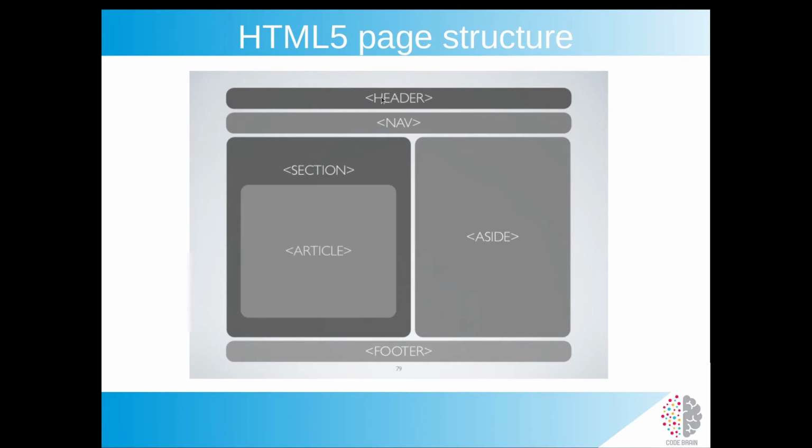Okay, so the header tag is the first thing you will see at the top of the browser, and you also have the nav bar, which contains the links if you want to navigate between, for example, the home page, the about and the news. You will put these links in the navigation bar. Also, down here we have an aside and a section, and inside the section is an article, and down there we have the footer.